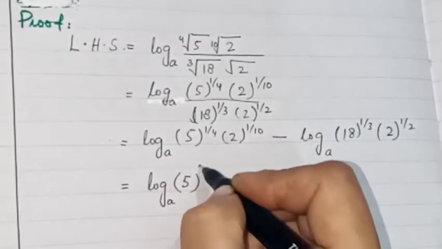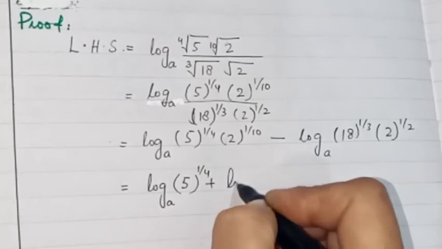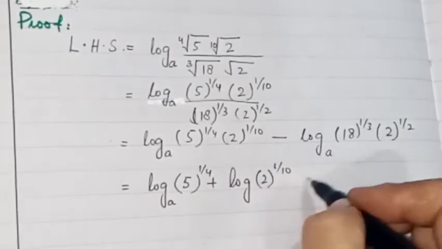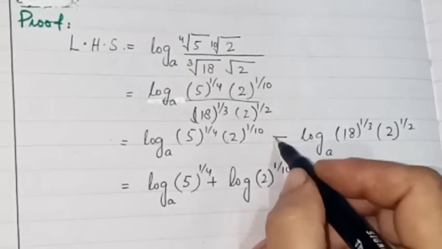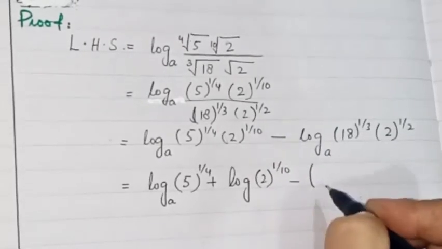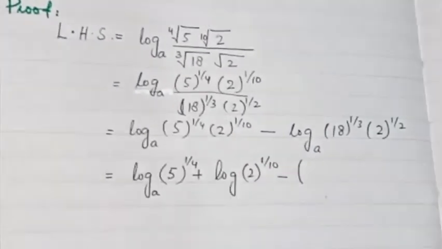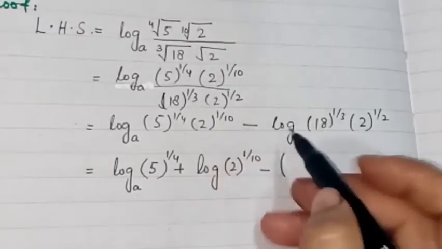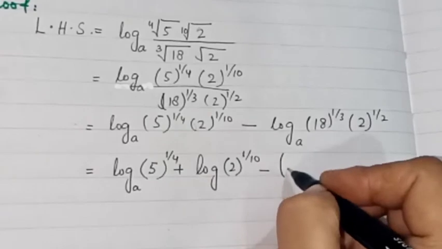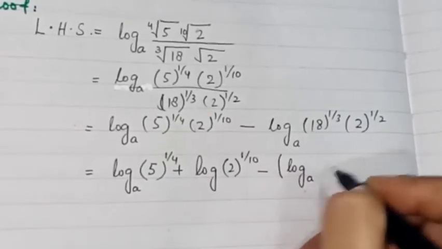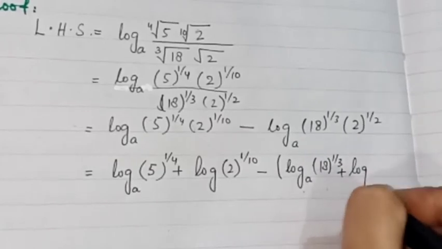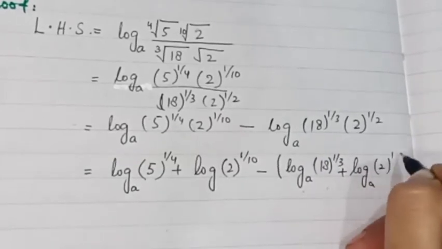So log of 5^(1/4) plus log of 2^(1/10), and for applying this I have to first write a minus sign and put a bracket. Why am I putting a bracket here? Because when the minus sign is multiplied, it will change both terms. So log of 18^(1/3) plus log of 2^(1/2).